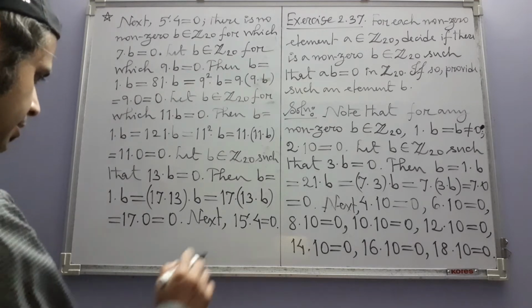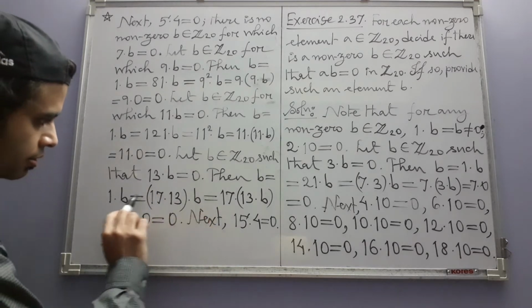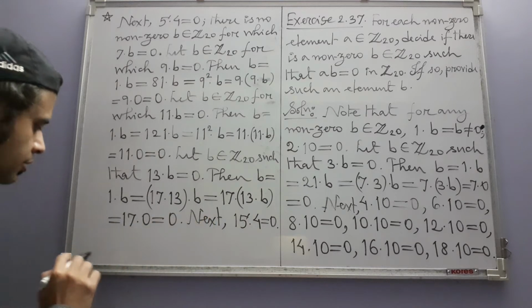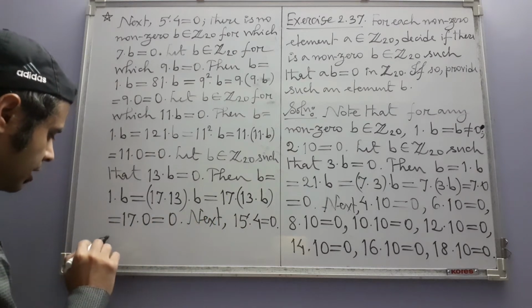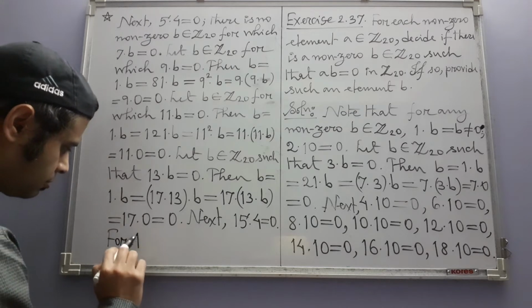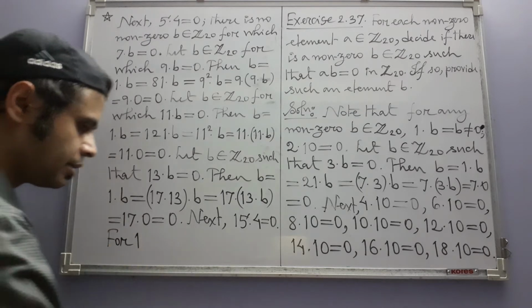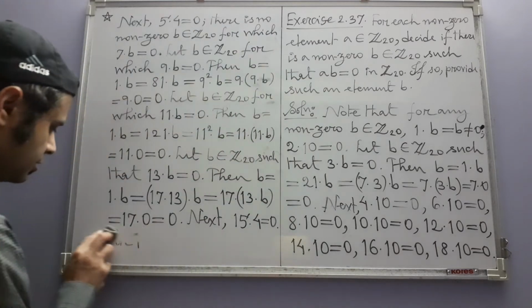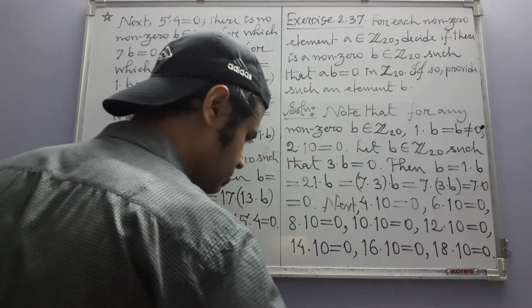For 17 this calculation works. So we can more directly just write this.